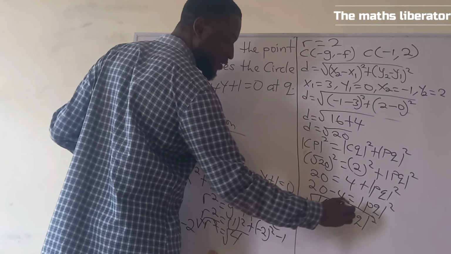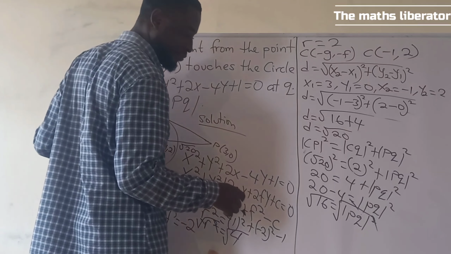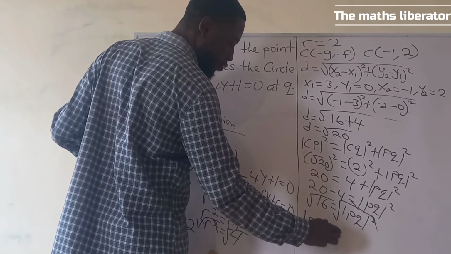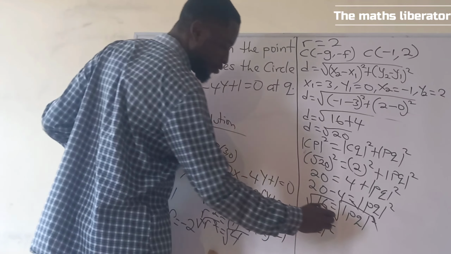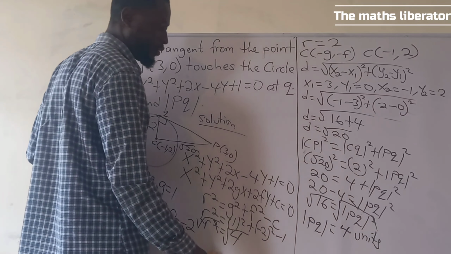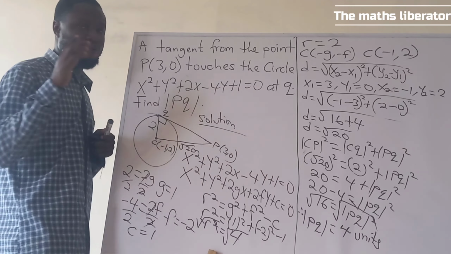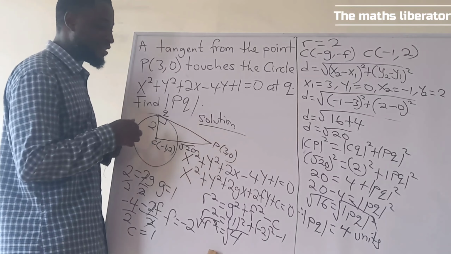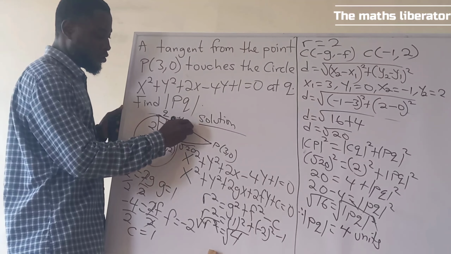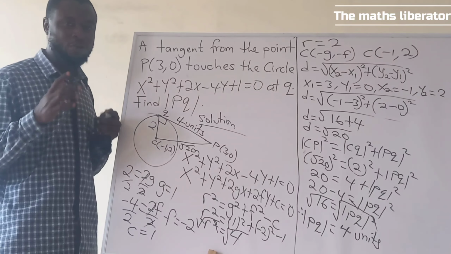The square root of 16 is 4. So therefore, length PQ equals 4 units. This is the length of the tangent. Thanks for watching. Hope you enjoyed this video.